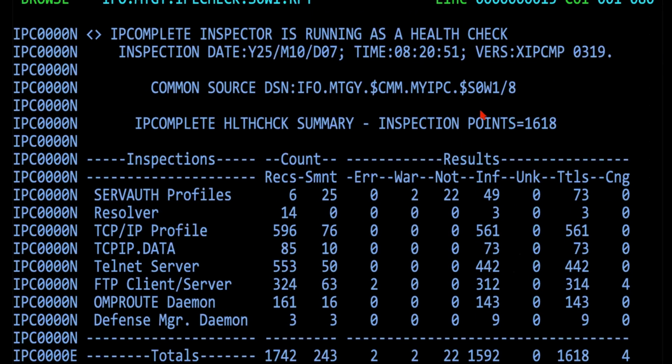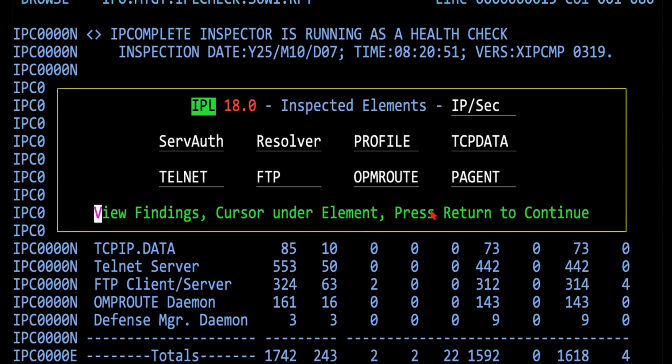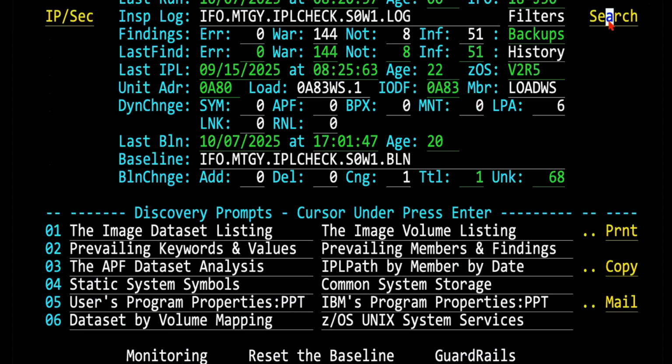You can see from this global finding that there is something awry, errors in the FTP client server at this point in time, and it would draw your attention to that to take appropriate corrective actions. Of course, you can search the trace if you want to.